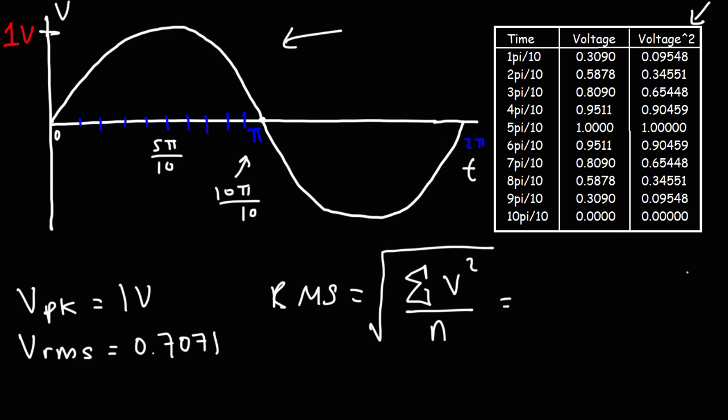So first we need to find the sum of this column. So go ahead and take a minute and add up all those numbers in the last column. So it's going to be 0.09548 plus 0.34551 plus 0.65448, and then just add up the rest.